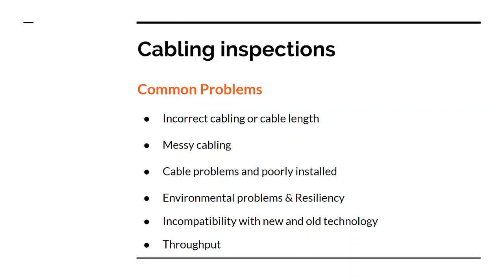And sometimes these newer devices also are incompatible. For example, there's still some Cat5 cabling in some of the buildings. I've seen some of the buildings that still have the old Cat3 cabling. And then new devices, new switches don't actually support those types of cable types. So those are the things that you need to look for.